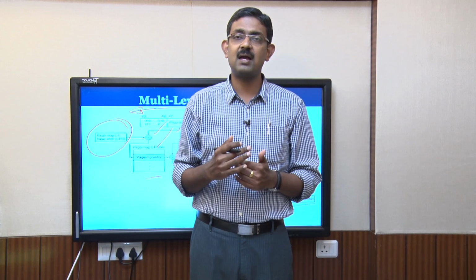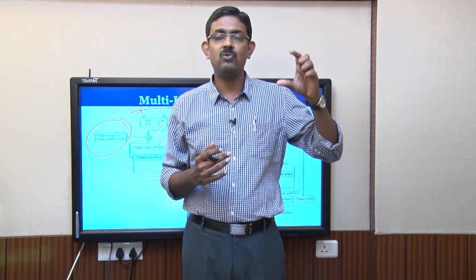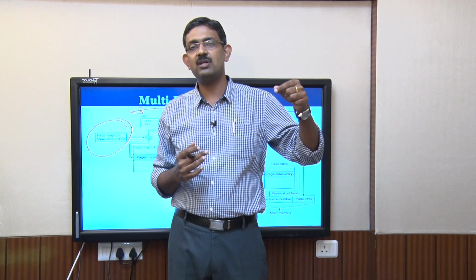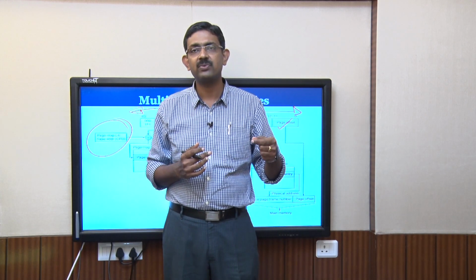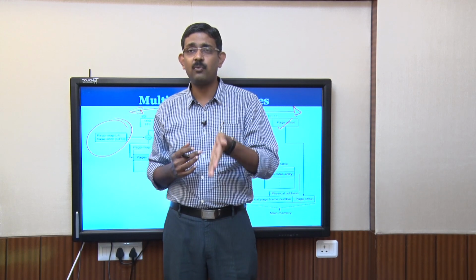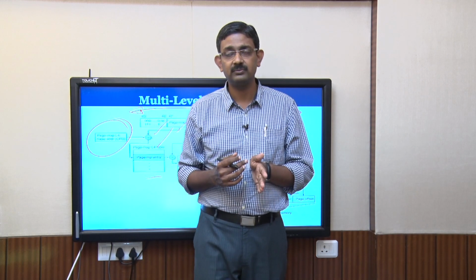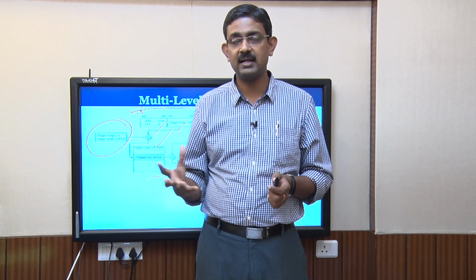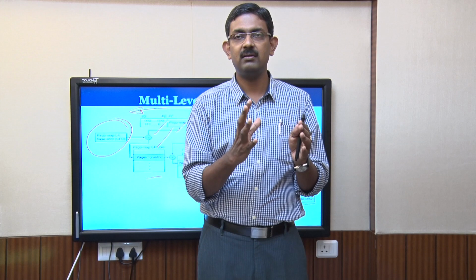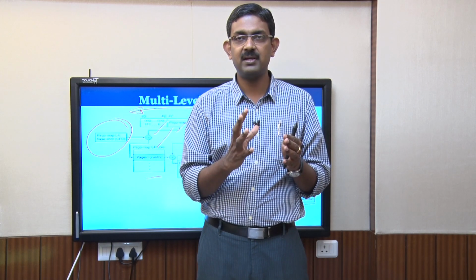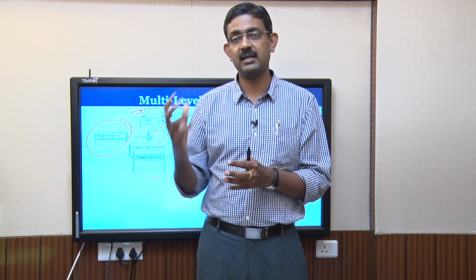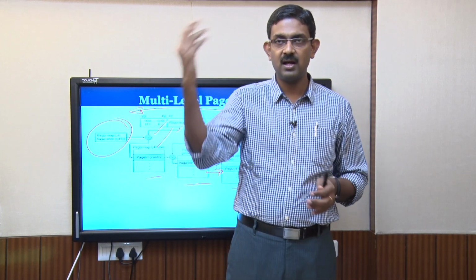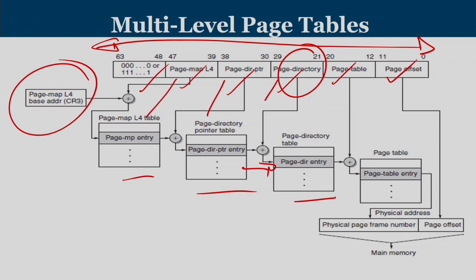So, in the first example what I have mentioned, using 10 bits, you go and index into one of 1024 page table entry. Each of this entry indirectly point into another page table, and the next 10 bits will help us to index into second level page table. So, I have one first level page table, I have 1024 second level page table. One of the second level page table is uniquely chosen, and therein we are going to proceed further.